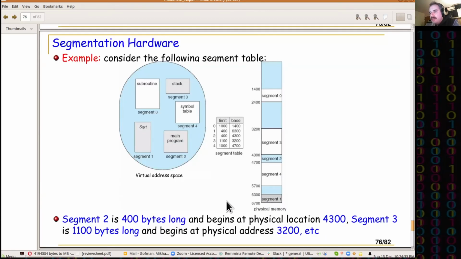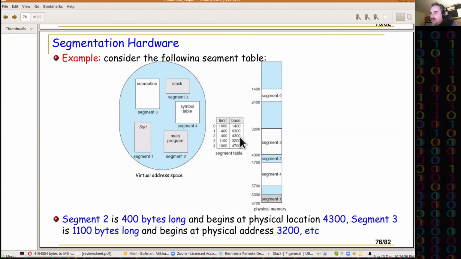So for example, segment number 2 starts at the physical memory location of 4300 and its size is 400. We simply index into the segment table using the segment number to find out its base and limit.